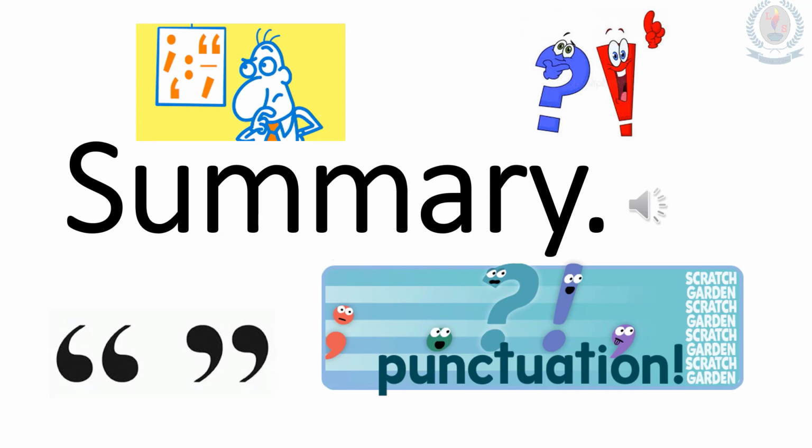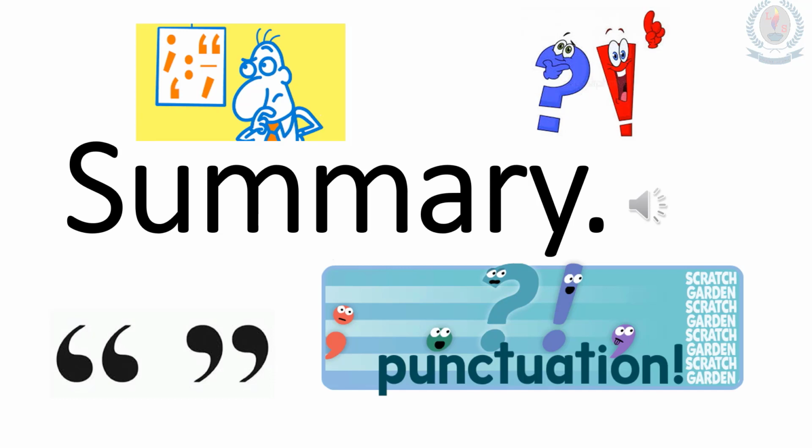And also you learned how to use the punctuation after the spoken words. So in this lesson, what you have to remember is you should find the person who reports things, the person who tells, that means who said, and find out how to mark the inverted commas.